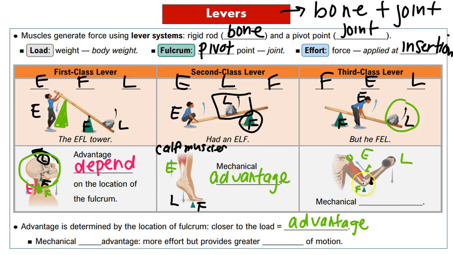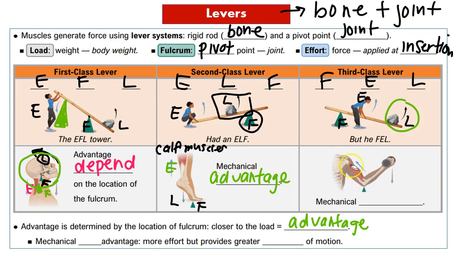So again, if you're looking at the muscle itself, you'll be like, wait a minute, the muscle is going to be before the fulcrum. No, you have to look at the insertion. And as you can see, the insertion is right here on that actual forearm there. So that's the real insertion. So the joint comes before the insertion. And that's how you get your FAIL acronym. Okay?